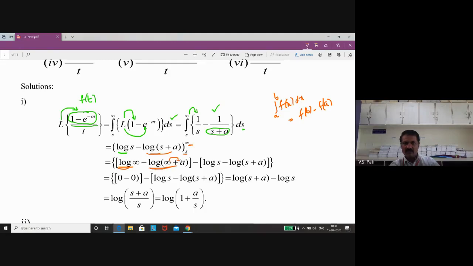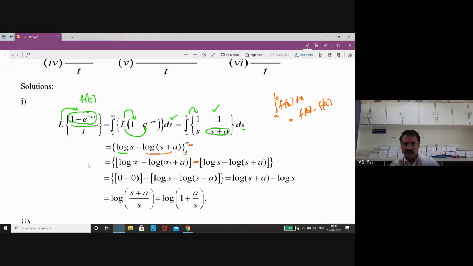Log infinity plus a means again infinity plus something, you can treat it as an infinity. Now minus lower limit. What is your lower limit? S is equal to s only. So this becomes log s minus log s plus a only. Now what happens?